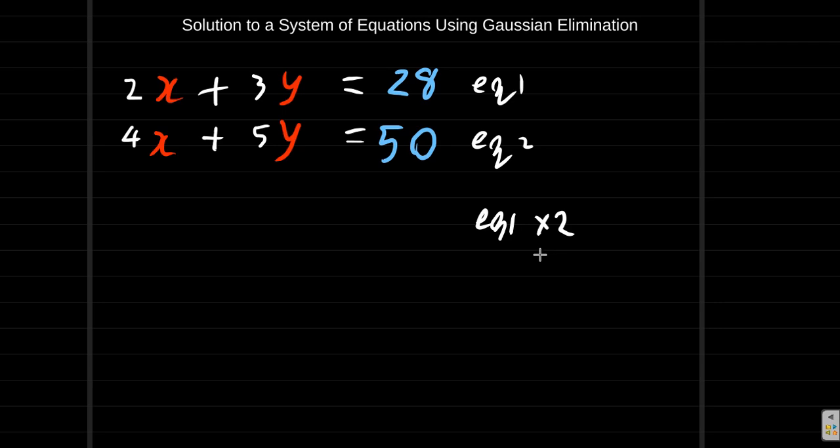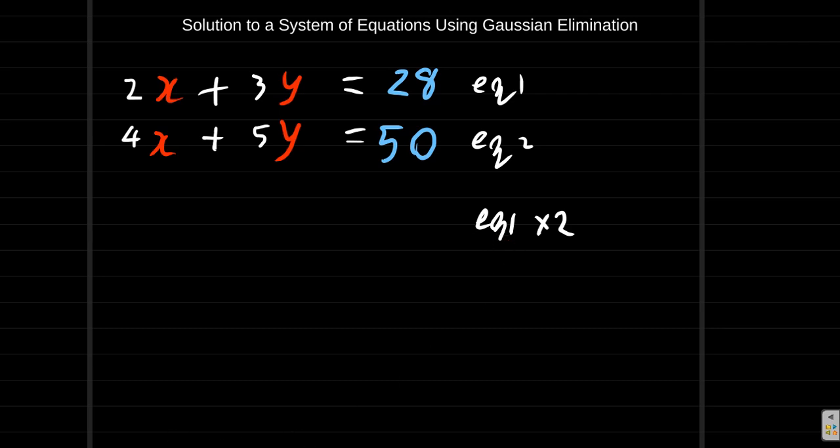The reason why I do this is because equation 2 has a 4x. If I get a third equation with a 4x in it, I could just subtract these. 4x minus 4x is 0, and I get rid of x, so I would eliminate x. You remember that? Remember, what we're doing now is not the Gaussian elimination method. It's just the elimination method of solving a pair of simultaneous equations.